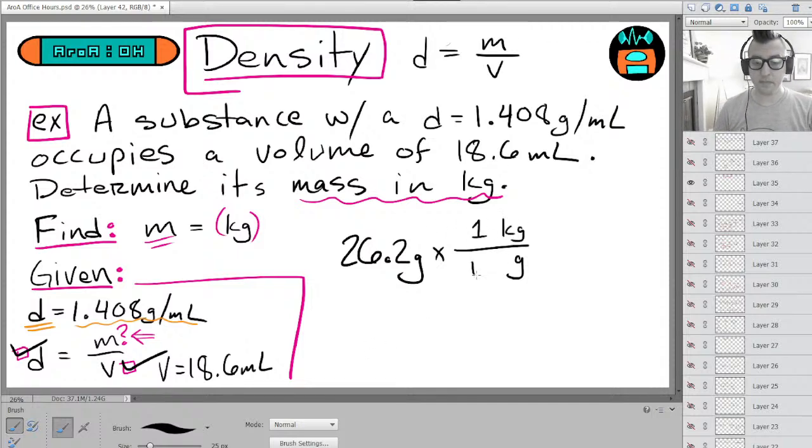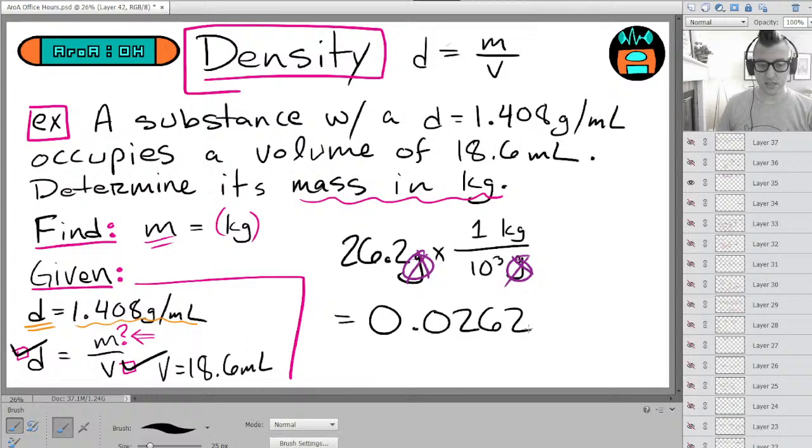1 kilogram is 10 to the third grams. Grams cancel. You punch this into your calculator, and the answer you get out the other end is 0.0262. When you do a quick significant digit check, you see that 26.2 has 3 sig figs, and 0.0262 also has 3 sig figs. So our sig figs are good.